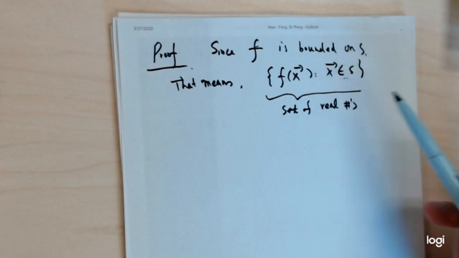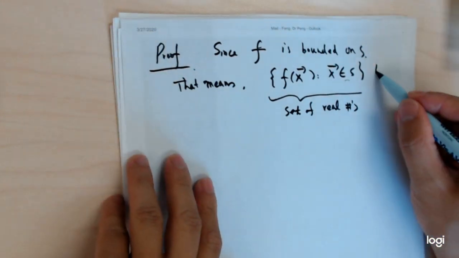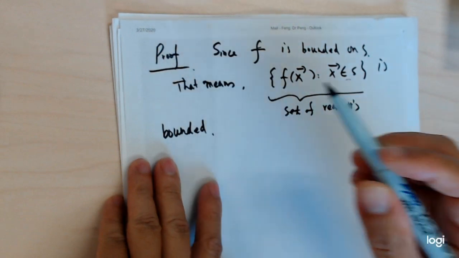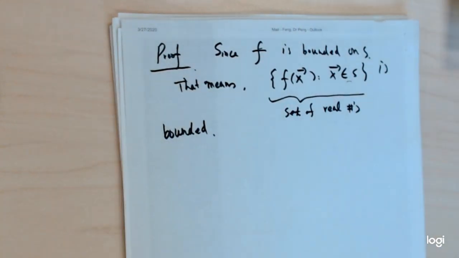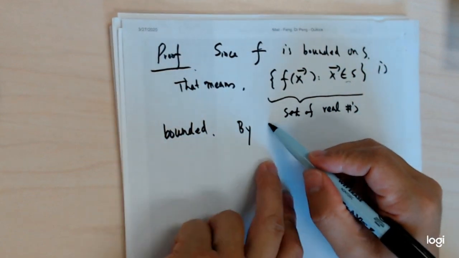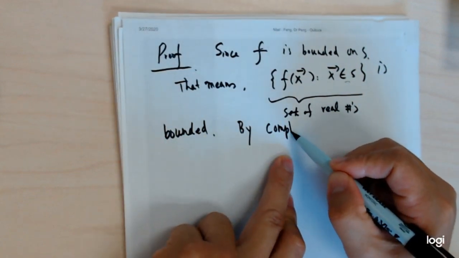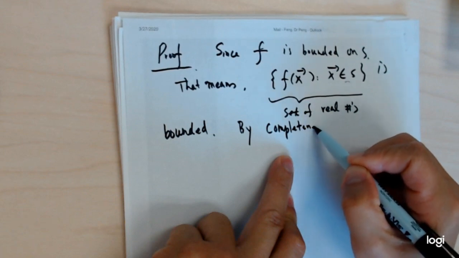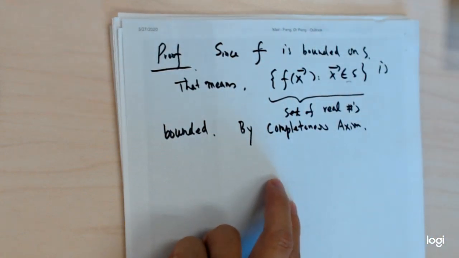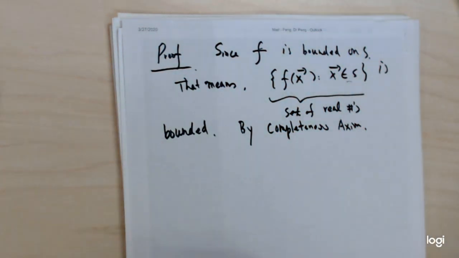This set will be bounded. So this is a bounded real number set. By what we learned in analysis 1, the so-called completeness axiom, any bounded set has a supremum and infimum.